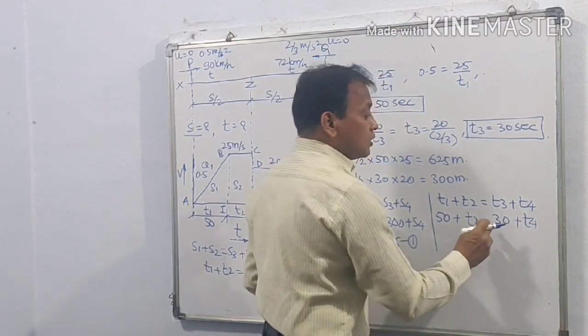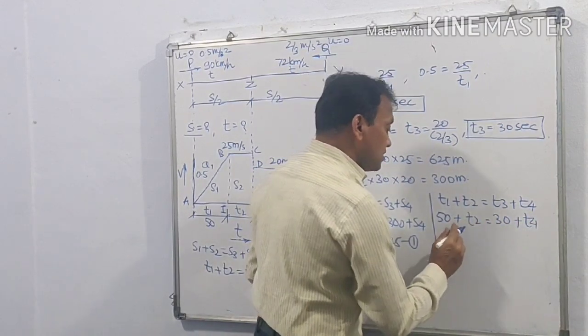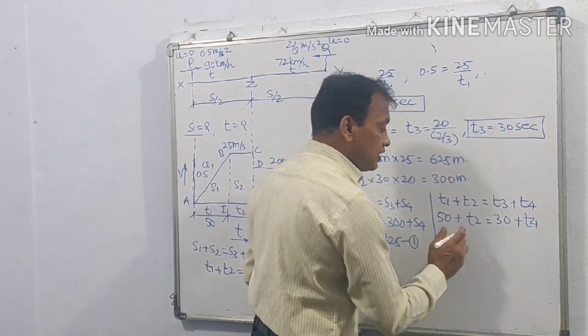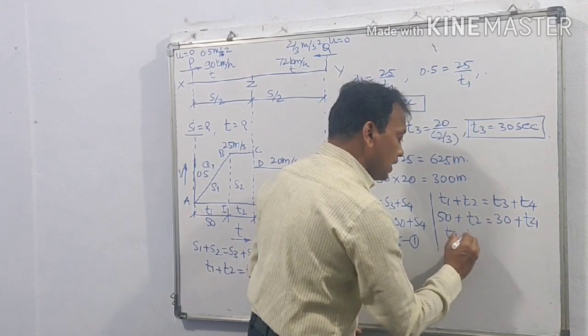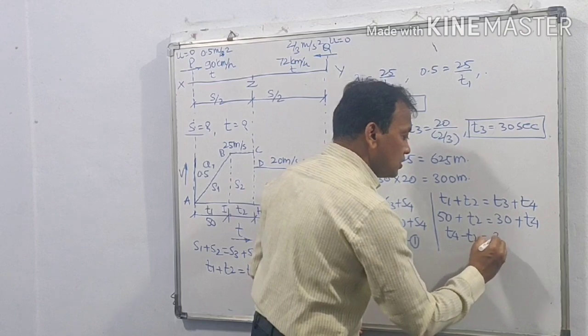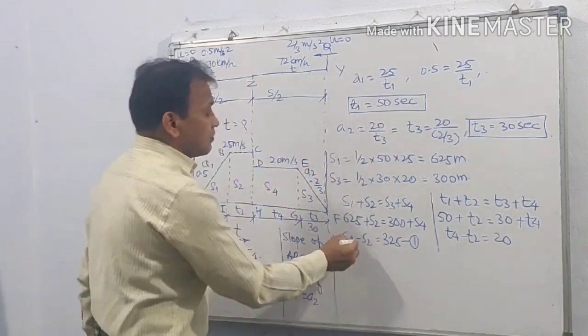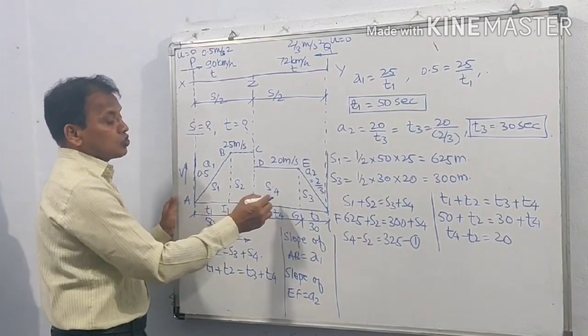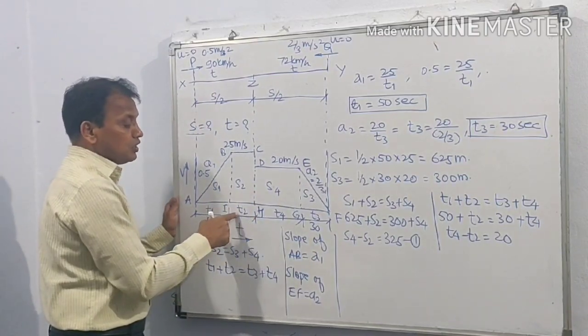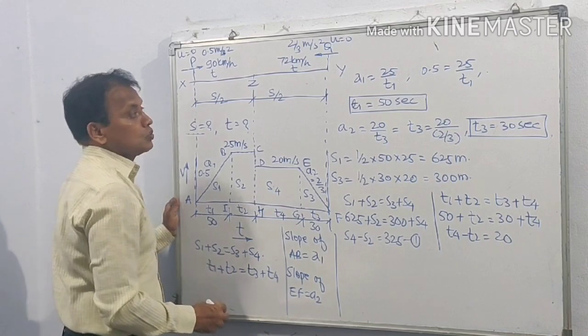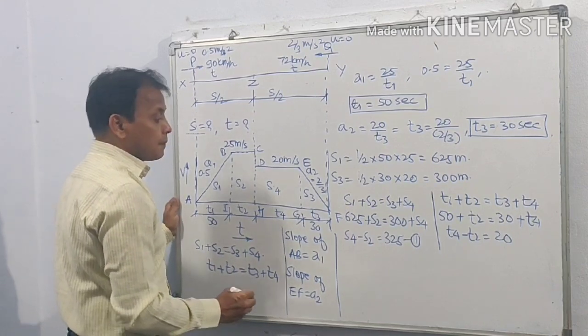So we can write 50 minus 30, that is 20, T4 minus T2 is equal to 20. We can find S4 and S2 in terms of T2 and T4.